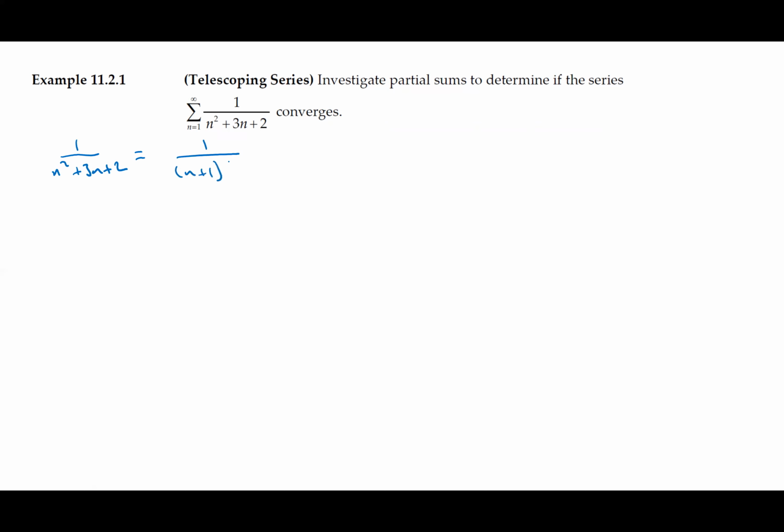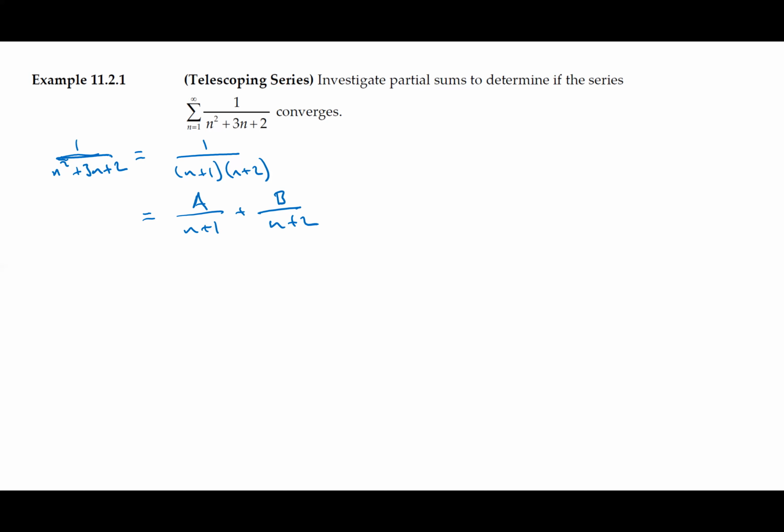So this is n plus 1 times n plus 2, and I'm going to break this up as a over n plus 1 plus b over n plus 2. You're welcome to pause at this step and figure out what a and b are, but I'm going to give you those values here.